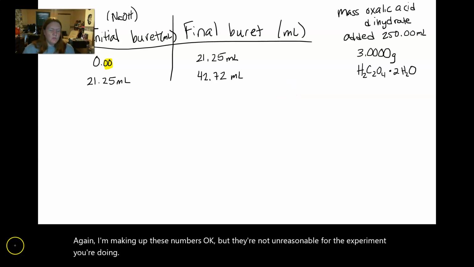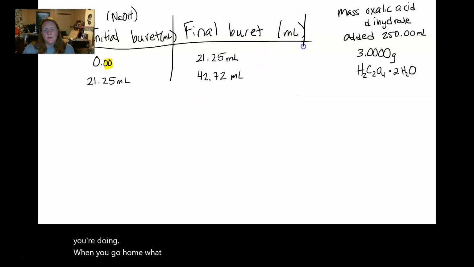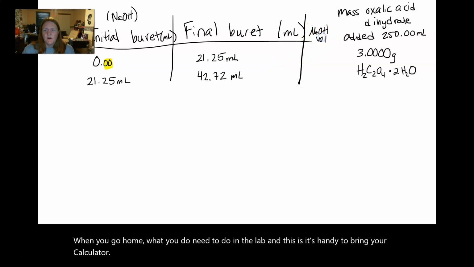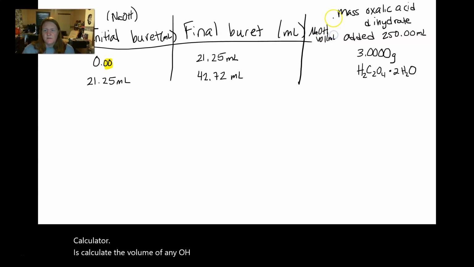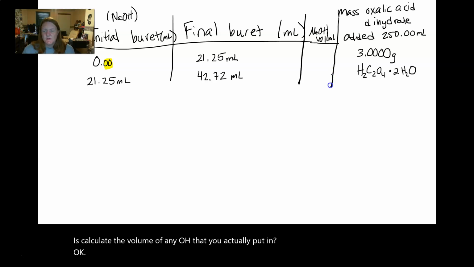When you go home, what you do need to do in the lab, and it's handy to bring your calculator, is calculate the volume of NaOH that you actually put in. You should organize your data tables before lab, so like this should actually go up above your burette readings.